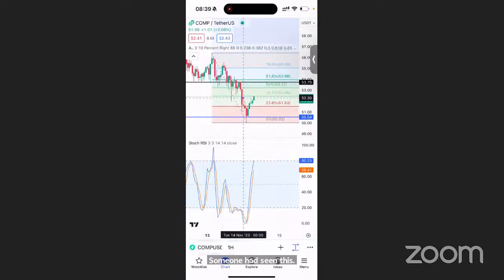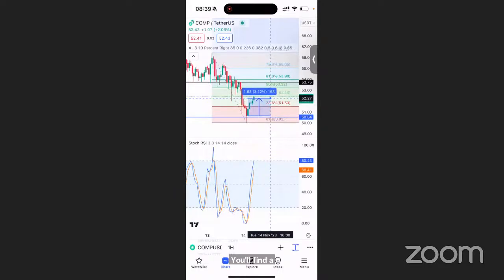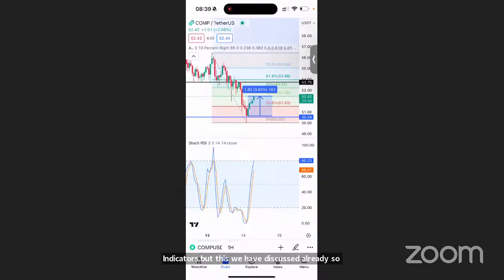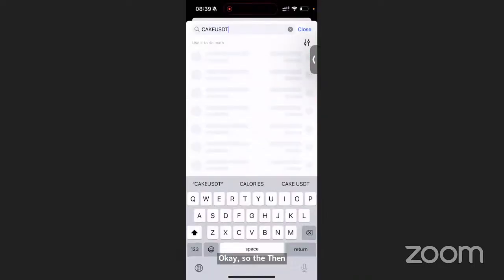Someone has made some good profit, because we say you'll find a reversal at 3 and has taken a 3%. These indicators we have discussed already, so I'm not going to repeat myself. So the indicator confirms to you. Then tomorrow we shall look at the moving average convergence divergence indicator.